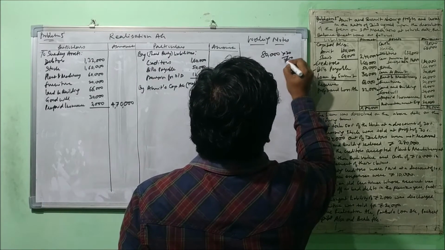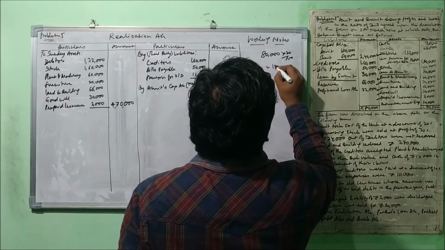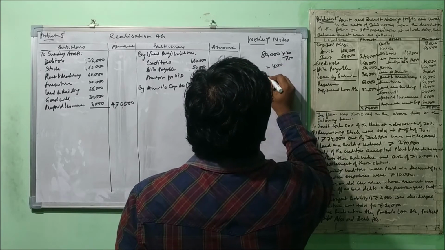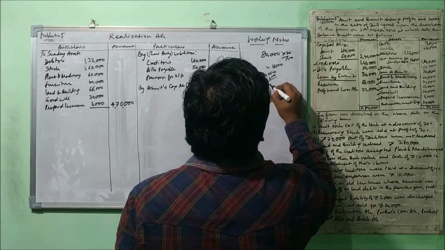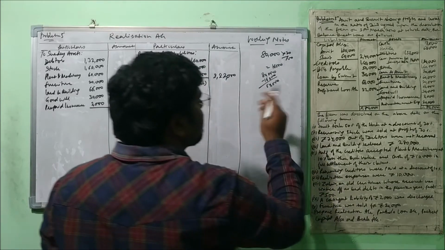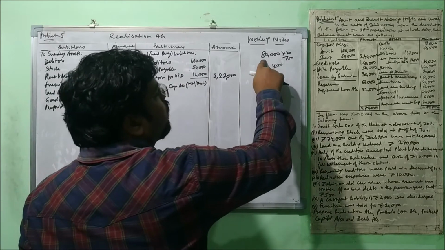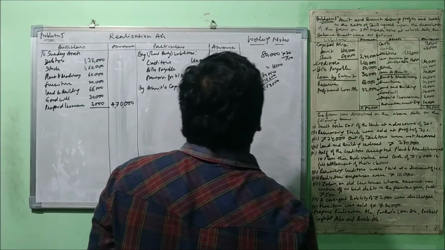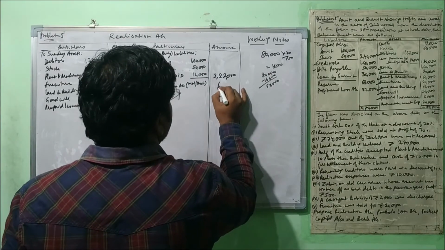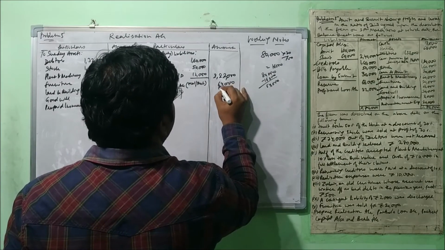So let's calculate 20% of that, that is 16,000. Out of 80,000 we will deduct 16,000, then we get 64,000. There is another way to calculate it. We can directly calculate 80% of that, which will also be 64,000. So he took the stock at 64,000.